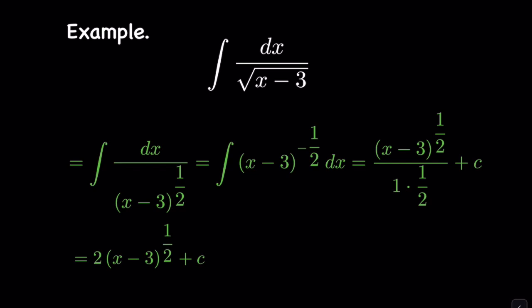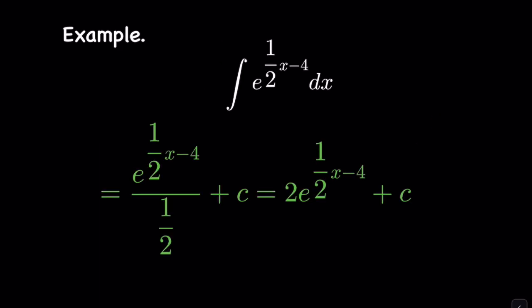And so this becomes 1/2, and instead of dividing by 1/2, you can multiply by 2, and this simplifies to 2 times x minus 3 to the power 1/2 plus some constant. So you see that, again, I'm doing this integration without doing a formal substitution.